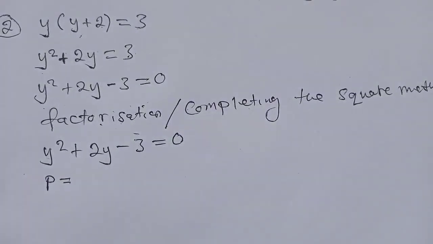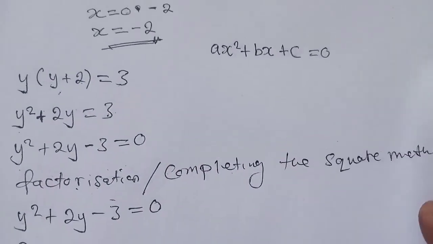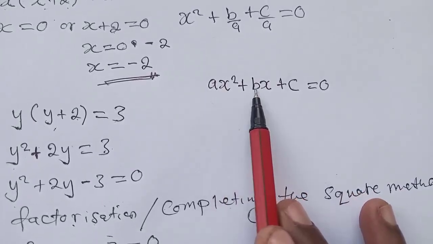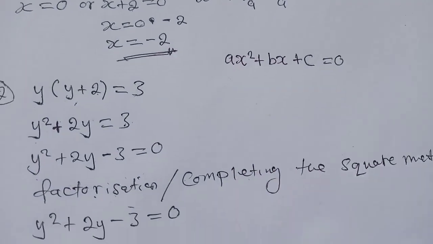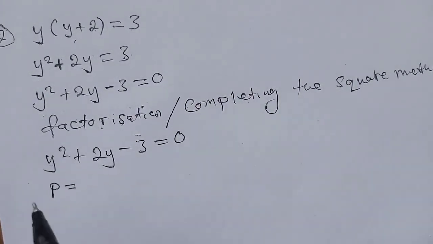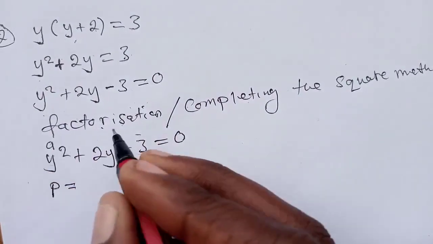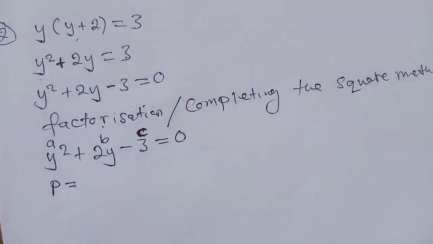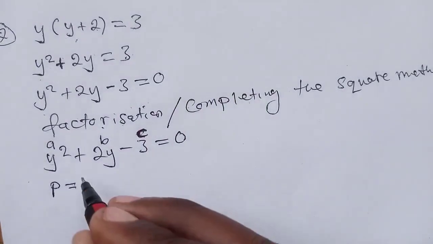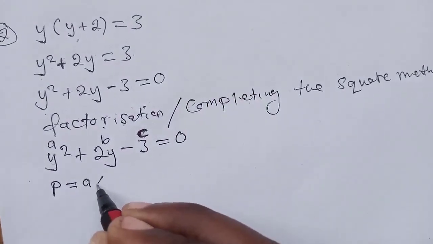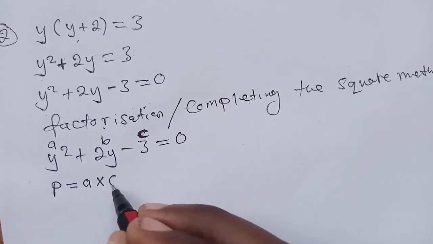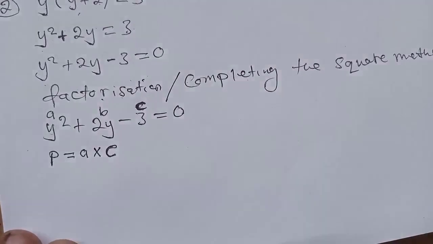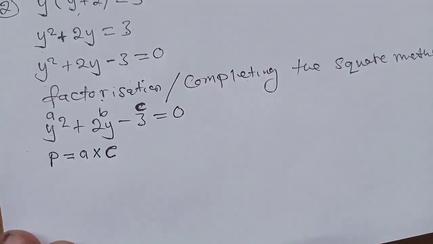So in quadratic equations, this one is your a, this one is your b, this one is your c. So to find the product, we multiply a by c.